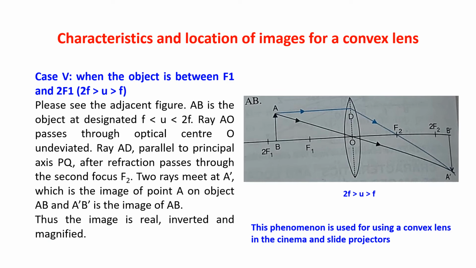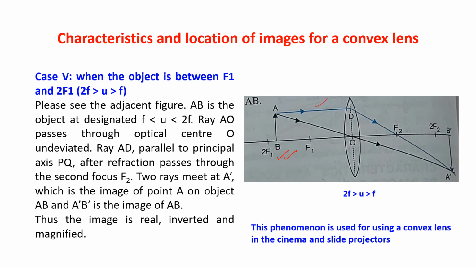Next case, that is case 5, when the object is between f1 and 2f1. So you can understand that we are bringing the object nearer to the optical center. Here AB is the object. Again we have to consider two rays.